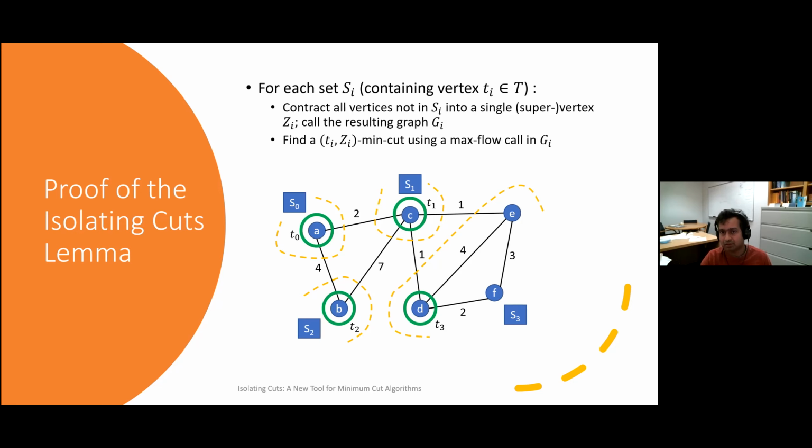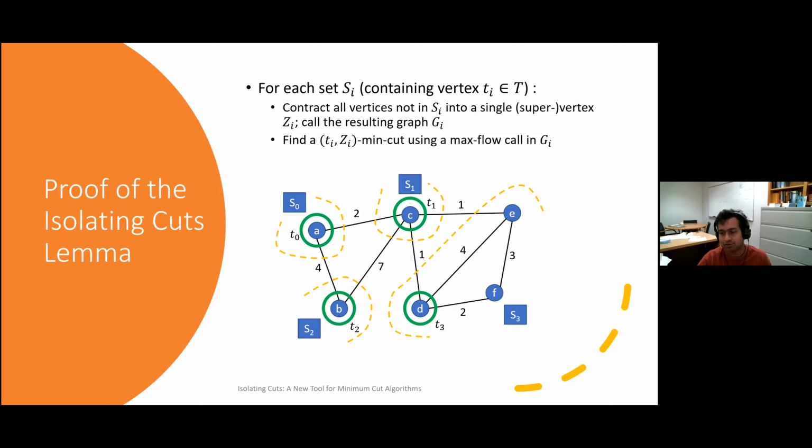We call that super vertex Zi. So you get the uncontracted part, which is Si, and everything else, everything in the external world, gets contracted into a single vertex called Zi. Then we run another max flow call, an st min cut between Ti and Zi, the contracted vertex that contains everything outside Si, and the special terminal sitting inside Si.